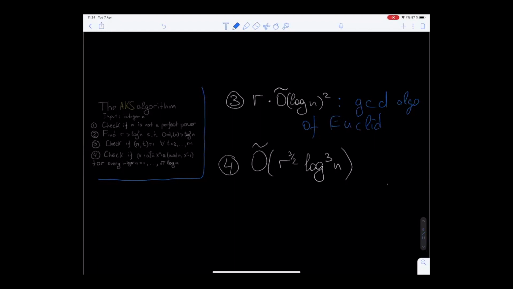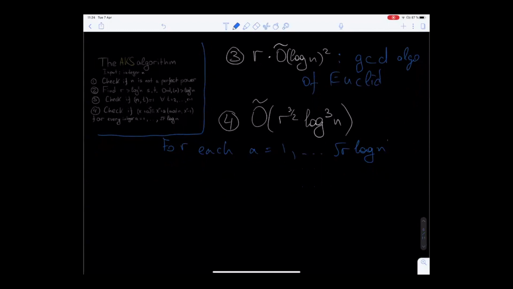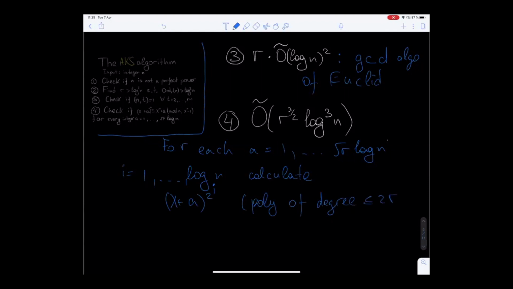Again, for each value of a, what we do is repeatedly, for each i equals 1 up to log n, we calculate x plus a to the power 2 to the i, and it would always be a polynomial of degree at most 2r.